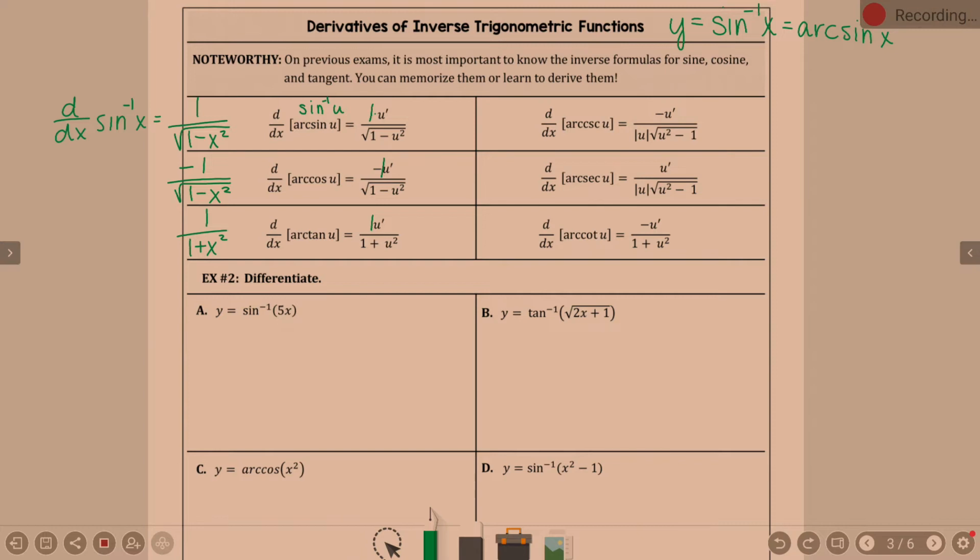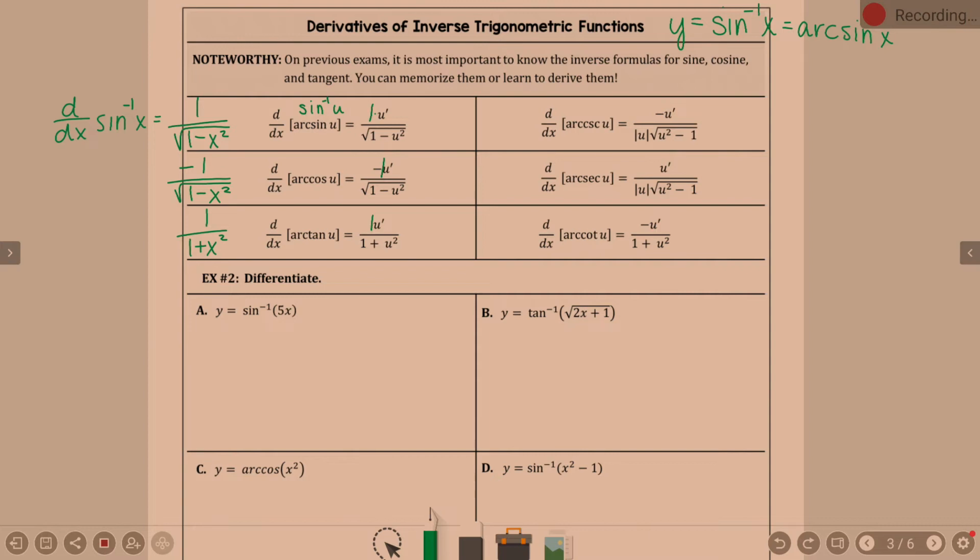Yes, Megan? Why are we writing d dx? I feel like you told me this yesterday, but I forget. Why am I not writing dy dx? Where's the y? When you put d dx in front of something, it's just saying taking the derivative of this function with respect to x. If we were saying dy dx equals, that's when we usually use dy dx.